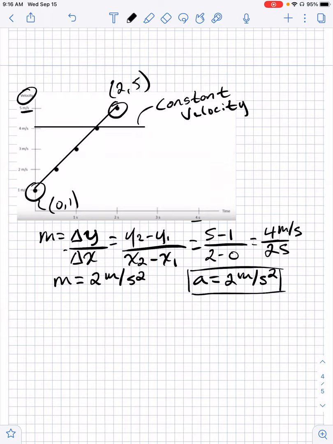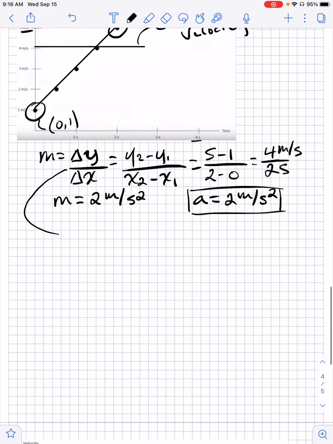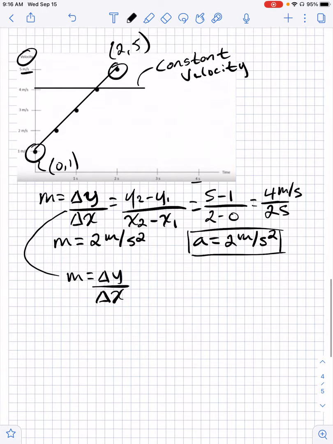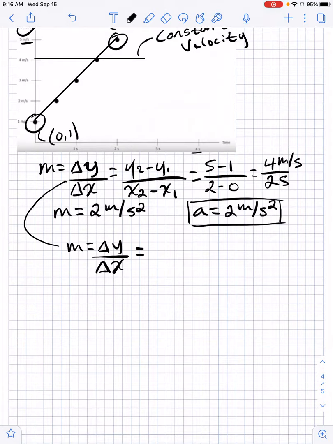Now, let's look at this and see where that came from. So remember, the slope was equal to change in y over change in x. And if we replace our y variable with what we're graphing here, which is velocity, then it would be change in velocity. And on the x-axis, we're graphing time. So over time, delta v over delta t.